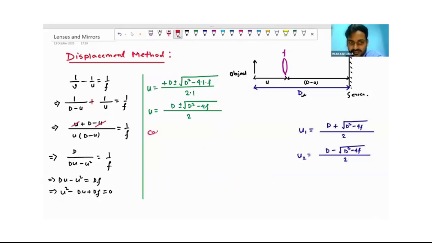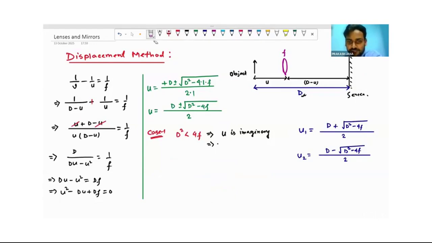Suppose this is case one. In case one, we will discuss, suppose D square is less than 4Df. When D square is less than 4Df, what happens? u is imaginary. That means no position.